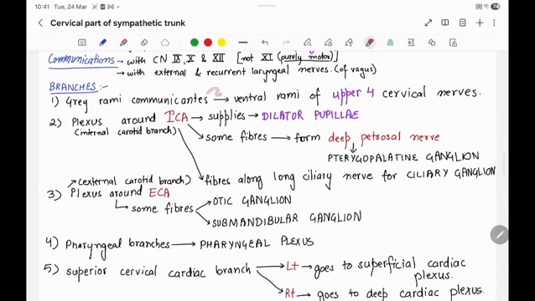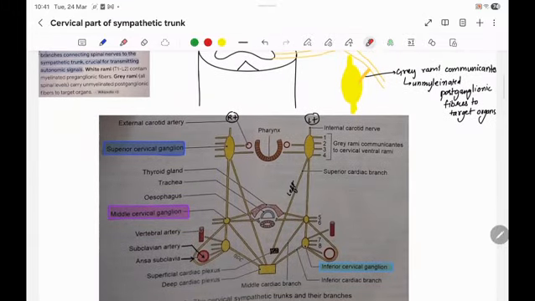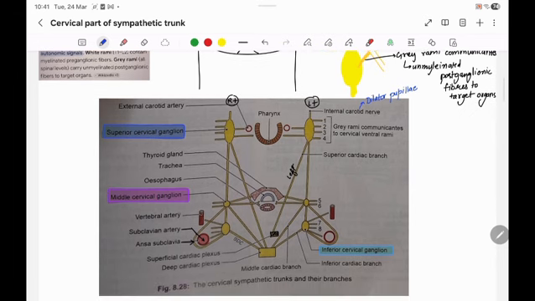And so what do these plexuses supply? This one will go to the dilator pupillae. We will see it in the ciliary ganglion. The sympathetic fibers come from the internal carotid plexus and they go as the deep petrosal nerve to the pterygopalatine ganglion, and there is a direct branch to the dilator pupillae.